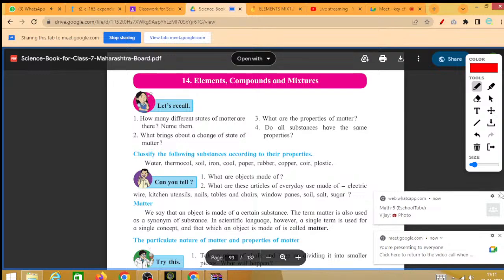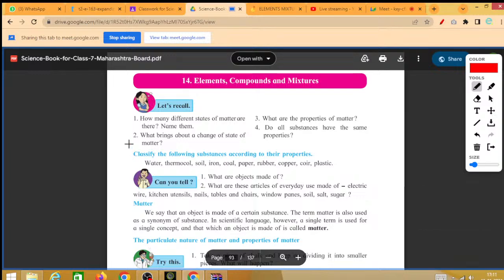Okay. Now tell me. Read this, Anjali. Classify the following substances according to their properties. So, water. Tell me, what is water? Keep telling quickly. Liquid. Okay.